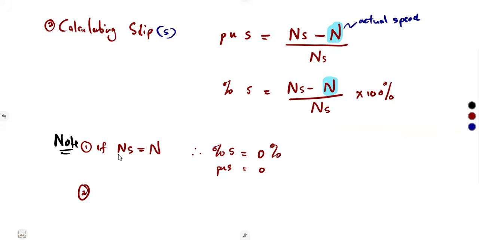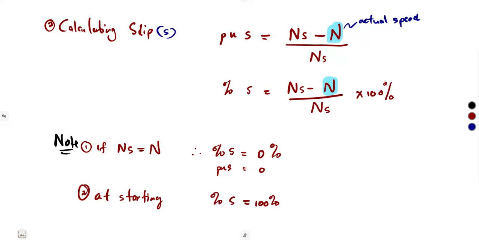Another condition that is also important in your calculations of the slip is when you are given the condition of the motor at the point of starting. So at starting, it is important that we consider our percentage slip to be 100%. Why is it that at starting, our percentage slip is 100%?